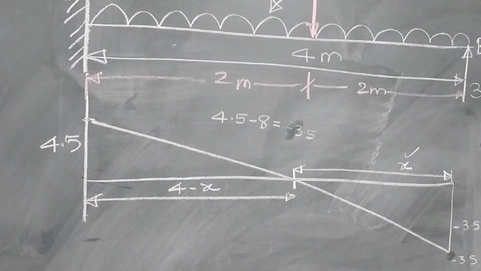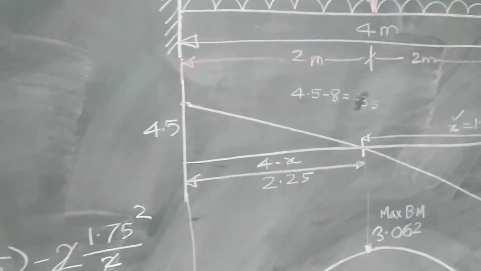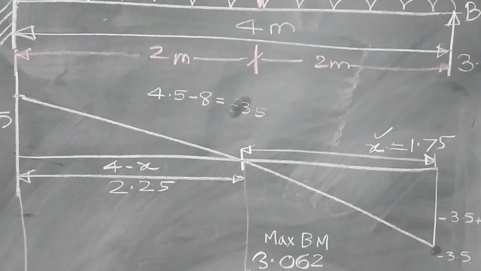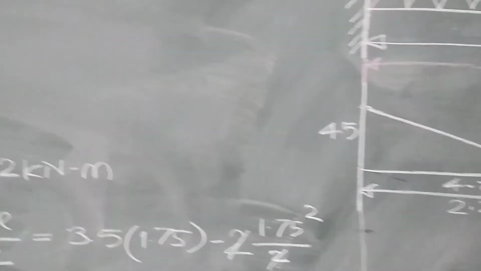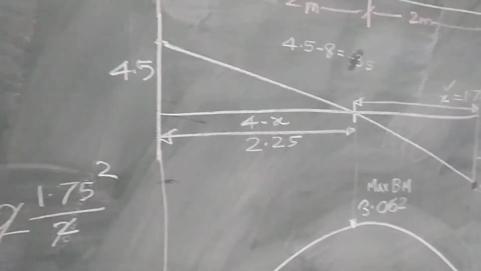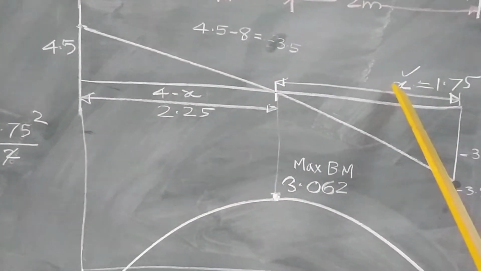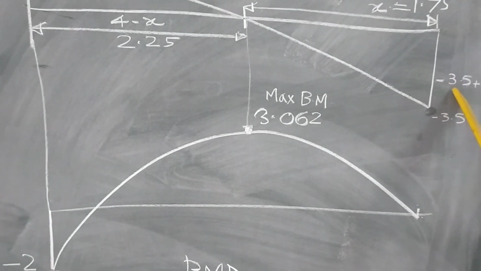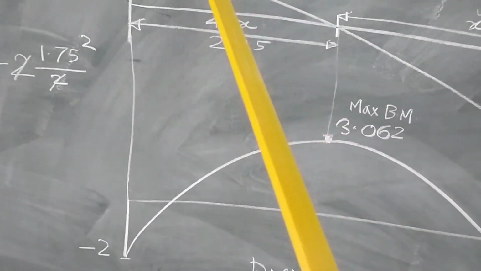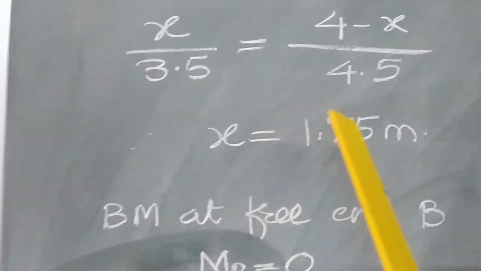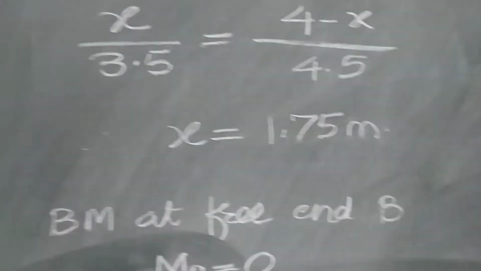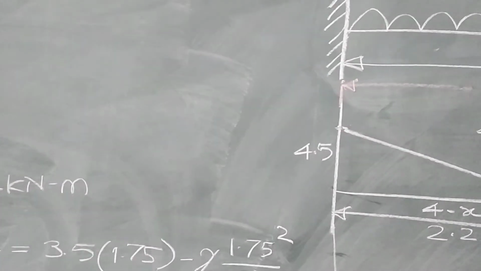My dear friends, let us try yourself by similarity of these two triangles. x upon 3.5 is equal to 4 minus x upon 4.5. So, x comes out to be 1.75 meter. So, this point is 1.75 meter from here.